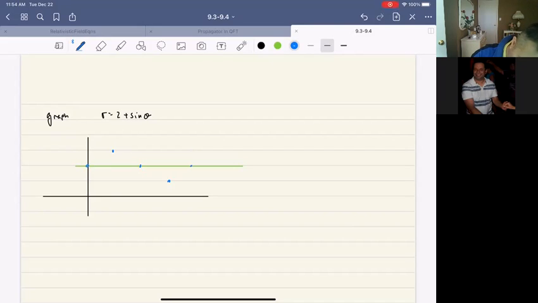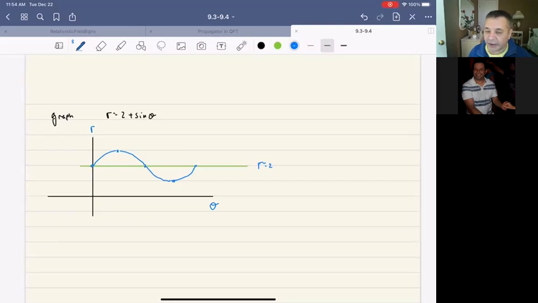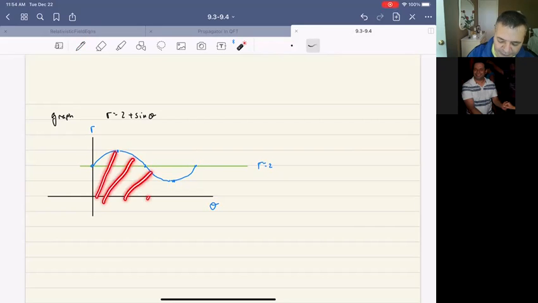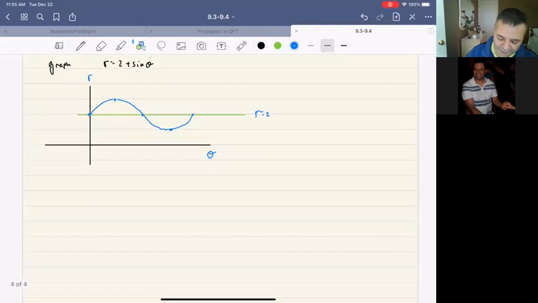Again, a sine graph looks like this. We'll say this is r equals 2. So this is r versus theta, our Cartesian graph. Now, one thing: the r is always positive, as opposed to the one where it was just r equals sine of theta. So let's now look at the polar graph.